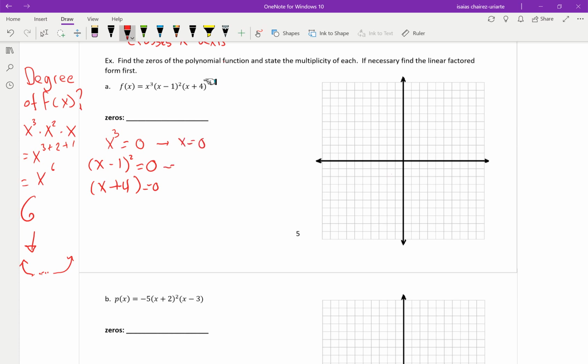From this, I can conclude that x equals 1. And from this one, I can conclude that x equals negative 4. And so now I can figure out what the x-intercepts are. The x-intercept here would be 0, 0. The x-intercept here would be 1, 0. The x-intercept here would be negative 4, 0.